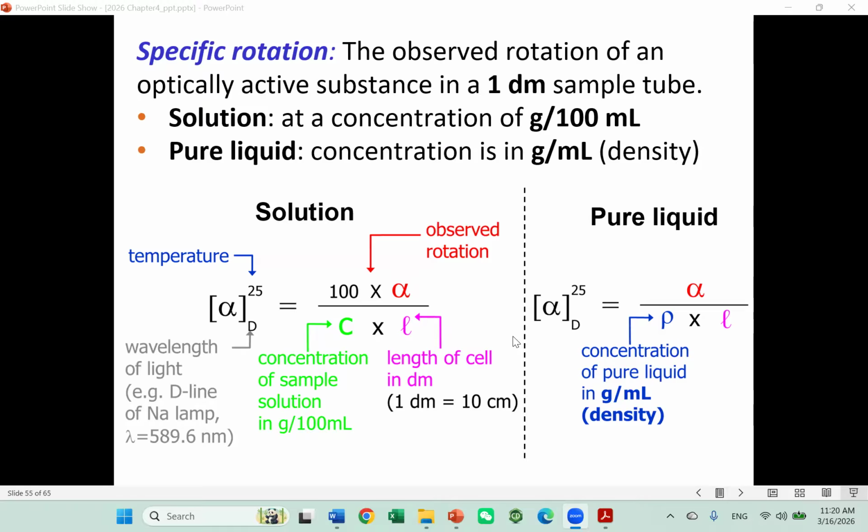All right. And next I will give you a couple of examples to calculate the observed rotation and the specific rotation.